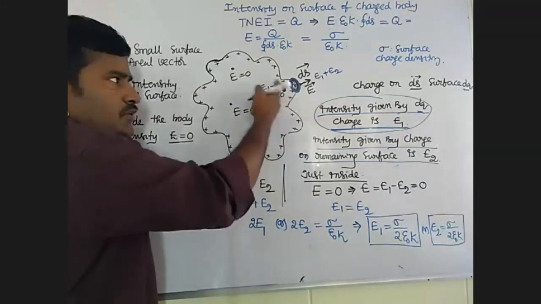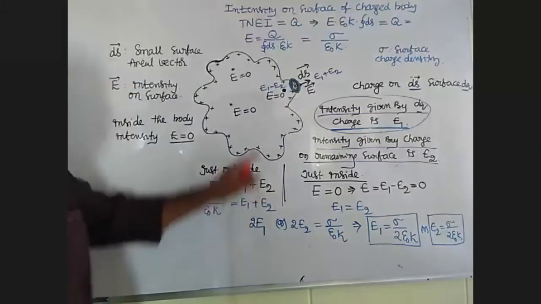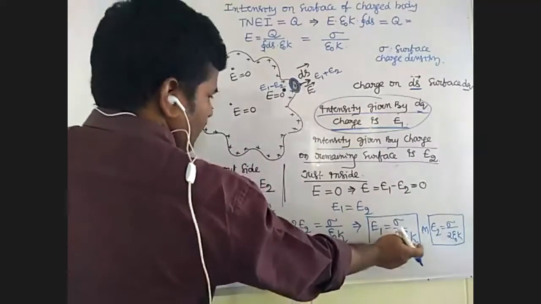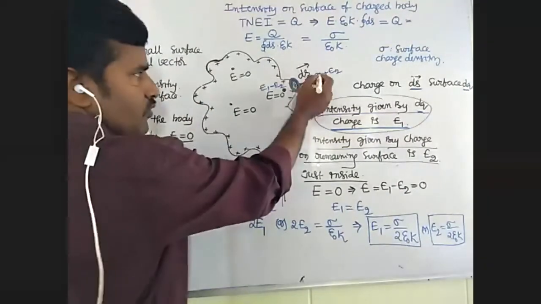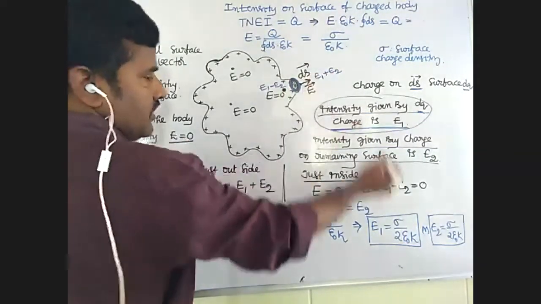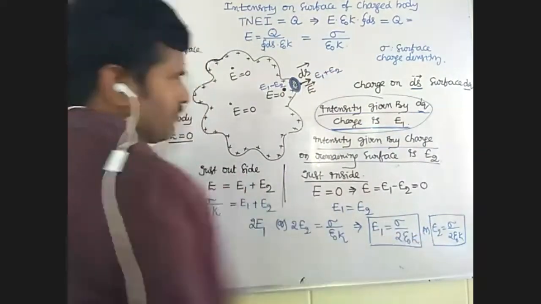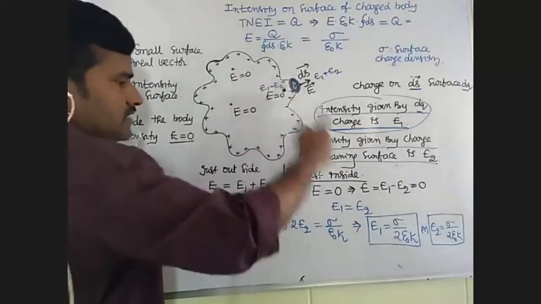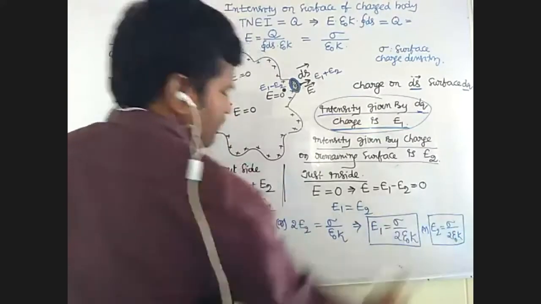Outside, the intensity is E1 plus E2. E1, from only this surface's charge, equals sigma upon 2 epsilon naught K, and the remaining charge provides the same.